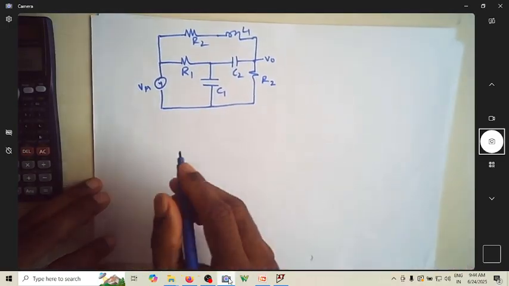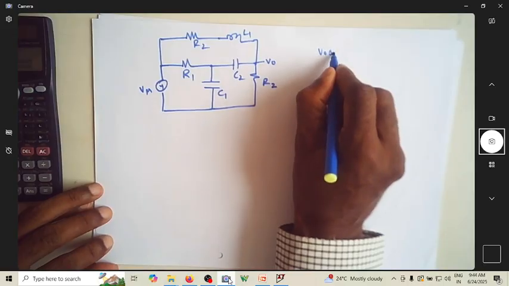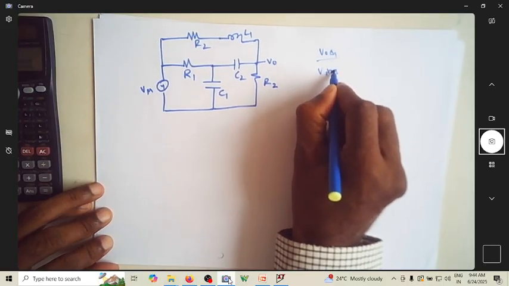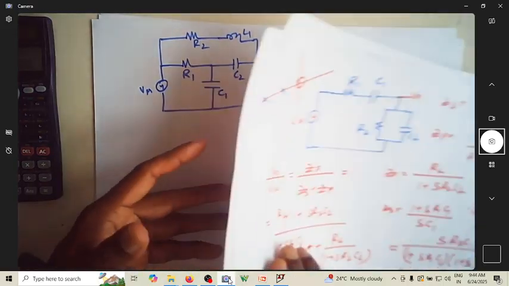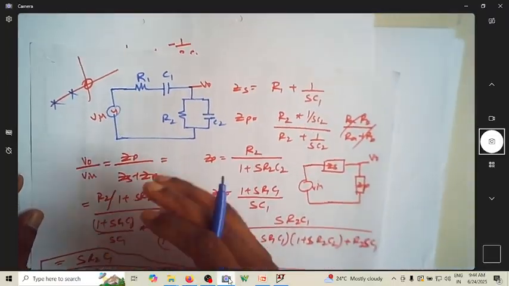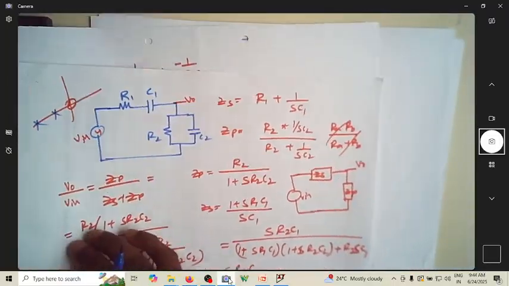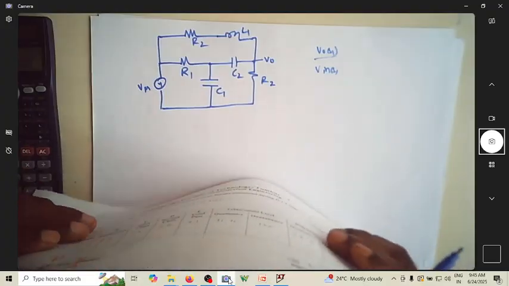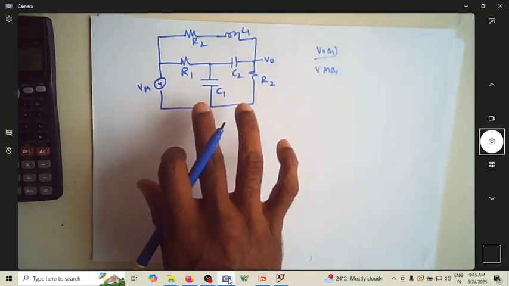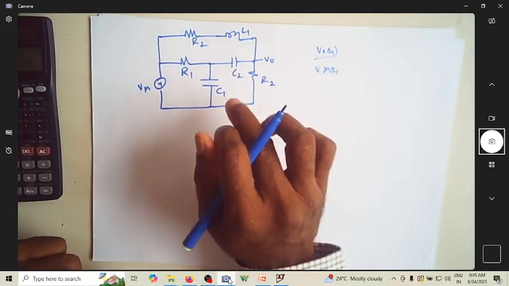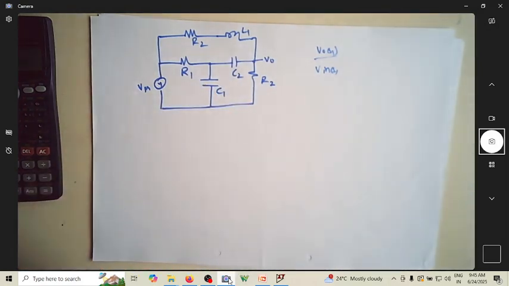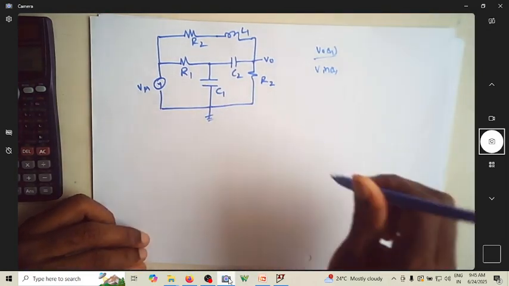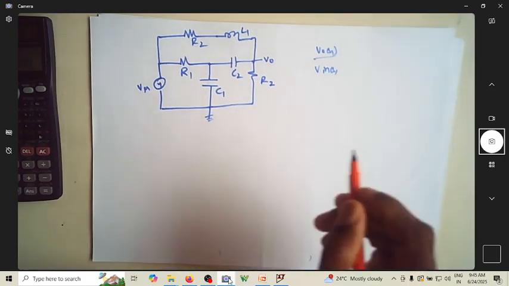Let us try to see this problem. How do we find V naught of S by V in of S? In the previous two problems we didn't use any signal flow graph method to find the transfer function. It was very straightforward. To find the transfer function of a bit complicated circuit diagram, something like this, we may have to use the signal flow graph for that.